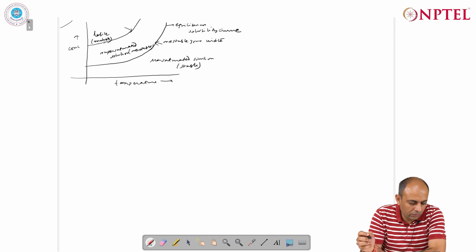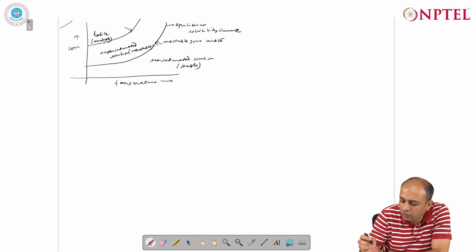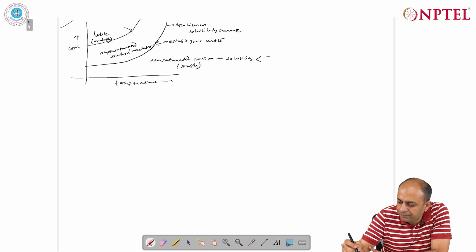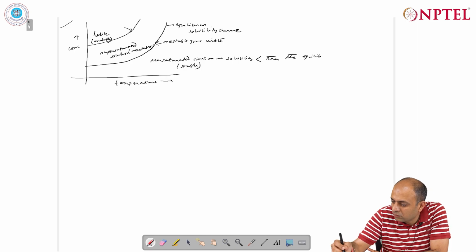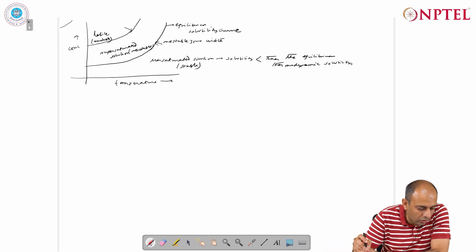In case of the unsaturated solution, the solubility is less. Equilibrium thermodynamic solubility.